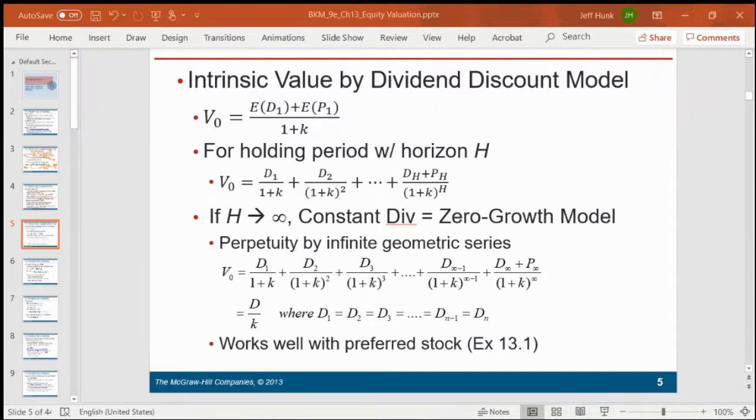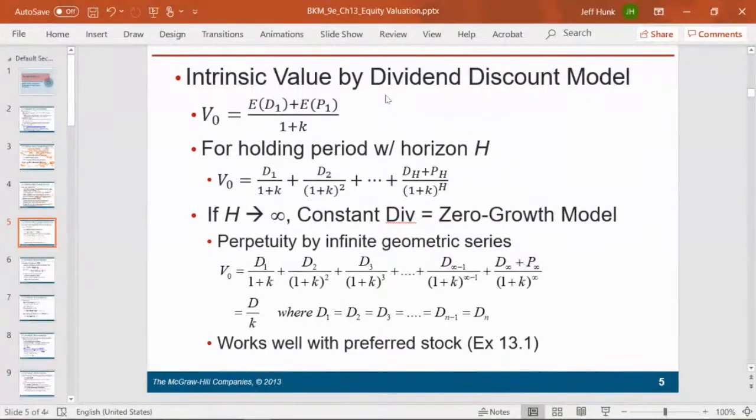All these models are called dividend discount models, and of course, the dividend discount model is actually a subset of DCF, or discounted cash flow model.